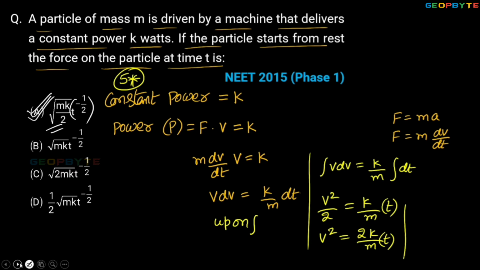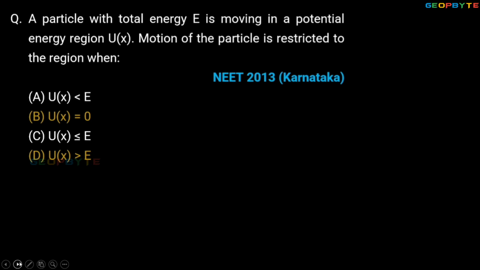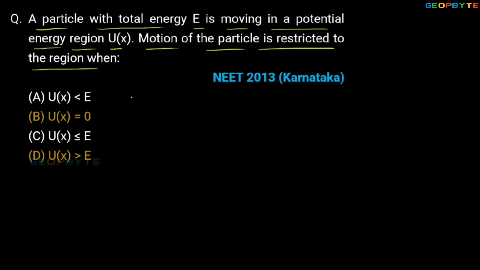Yes. Let us take another important question. Look at this question. It is asking like this: a particle with a total energy E is moving in a potential energy region U of x. Motion of the particle is restricted to the region when. Here, total energy of the moving particle means total energy equal to kinetic energy plus potential energy.